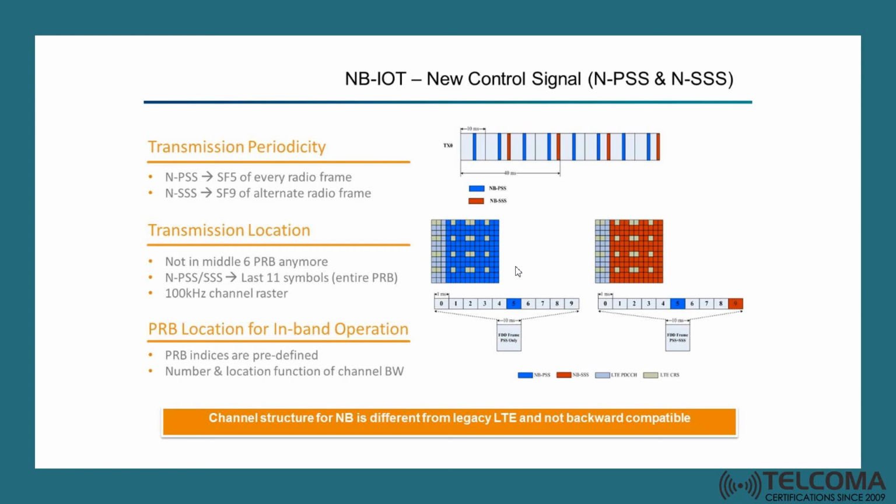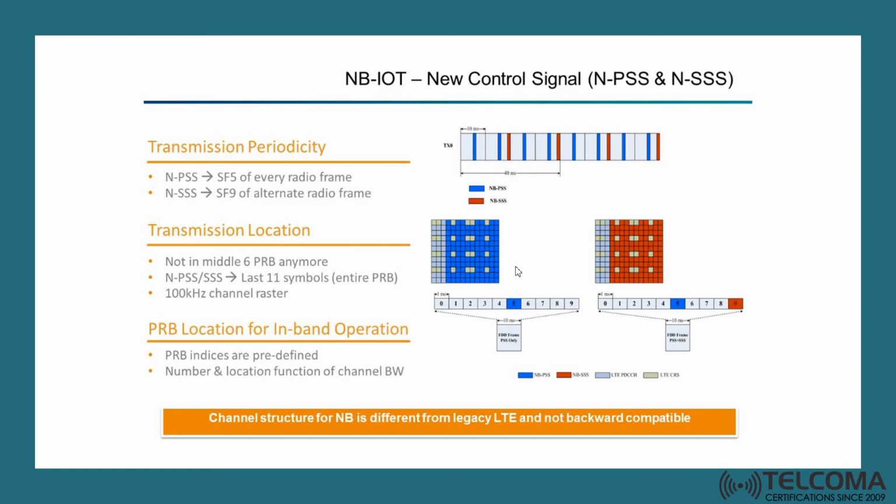If we are operating our LTE cell with 1.04 megahertz, that is 6 PRBs, since the legacy PSS and SSS span the entire 6 PRBs, in such scenarios we cannot deploy our NB-IoT carrier in that LTE cell. Rest all are possible. So the number and location are a function of channel bandwidth.